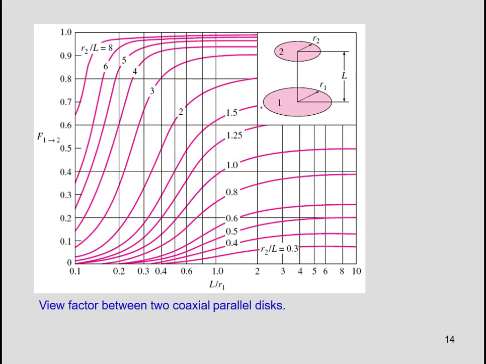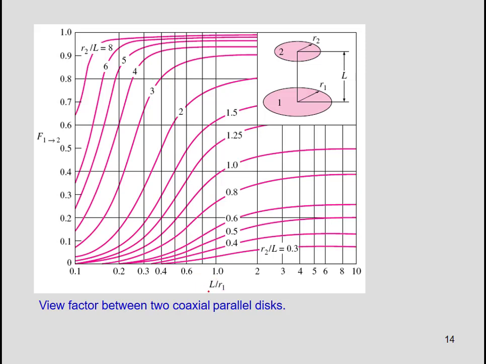And also for this configuration, when we have 2 disks, all of these values are calculated by the equation which I showed you in the previous slides. But you can just see the variation of this view factor from surface 1 to surface 2 by these curves, and how the radius, for example, is effective on the view factor.